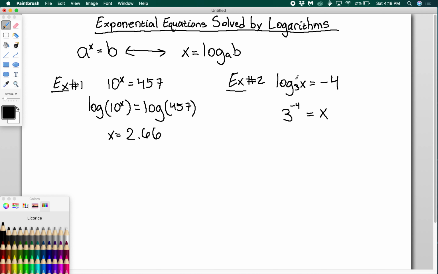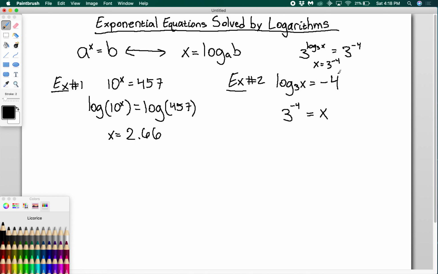If log base 3 of x is equal to -4, then it must also be true that 3 raised to the log base 3 of x is equal to 3 to the -4. And just like log base 3 of 3 cancels out, the same is true for 3 raised to the log base 3 of anything else. So the log base 3 and the 3 cancel, and I'm left with x equals 3 to the -4.